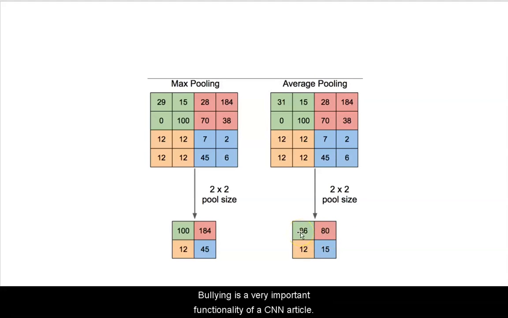So pooling is a very important functionality of a CNN architecture, as it is the one that is responsible for reducing the dimensions, thereby reducing the number of parameters, thereby reducing the training time and controlling overfitting.